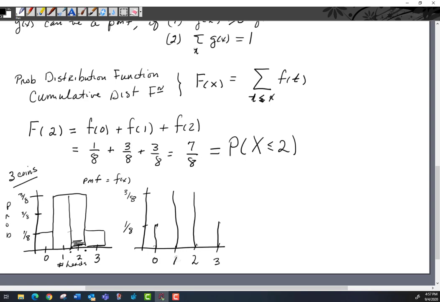But in fact, that probability is not spread out between those two dots. The probability resides right here. And so the line graph is actually a better representation.